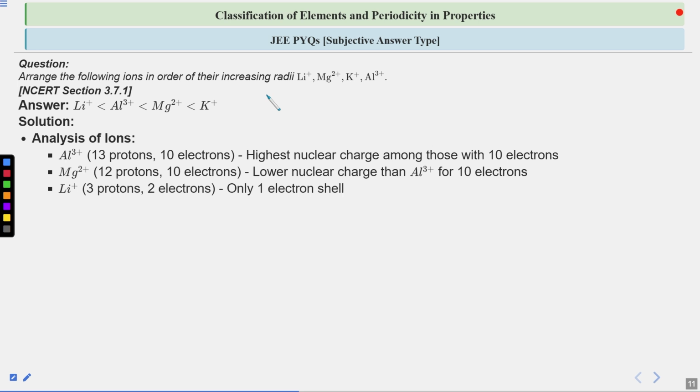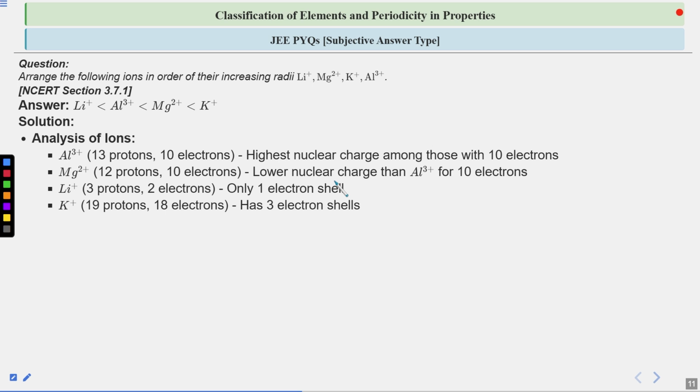What about lithium plus? Although it has the least number of protons, it has only one shell. So it is important to note that lithium plus has one electron shell. If you take the case of potassium plus, here the number of protons has increased. But what about the shells? The number of shells has also increased.